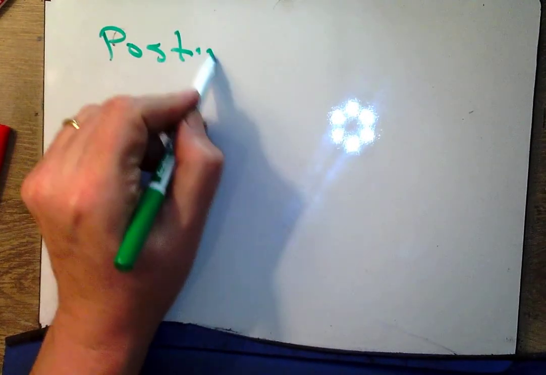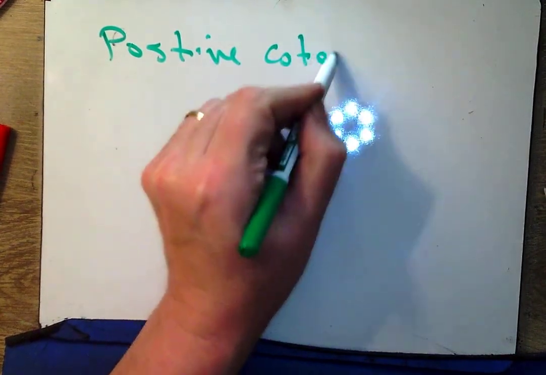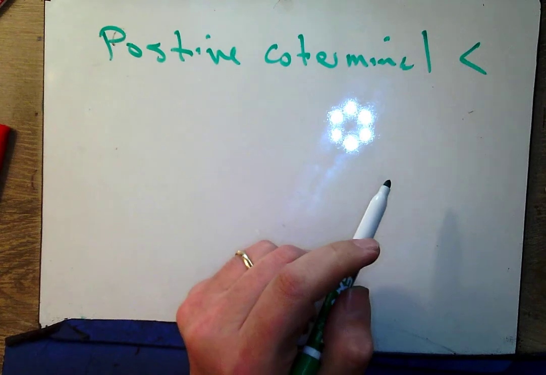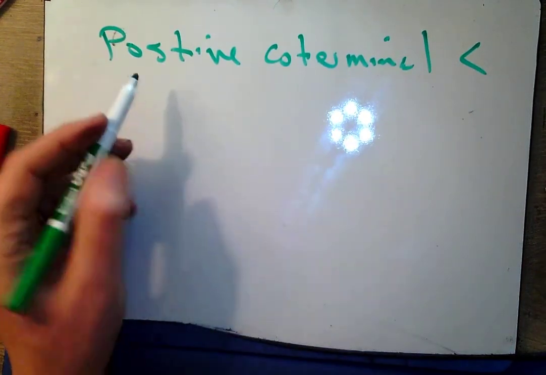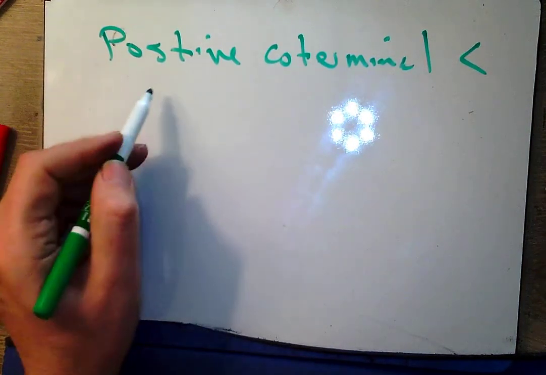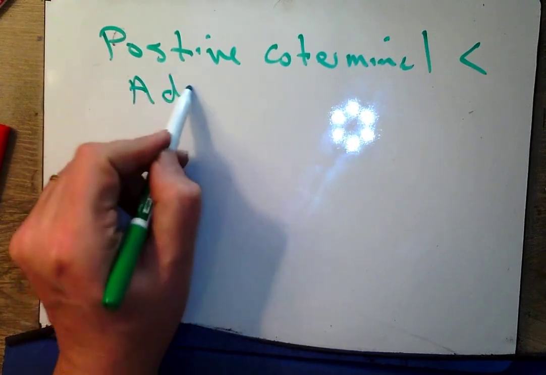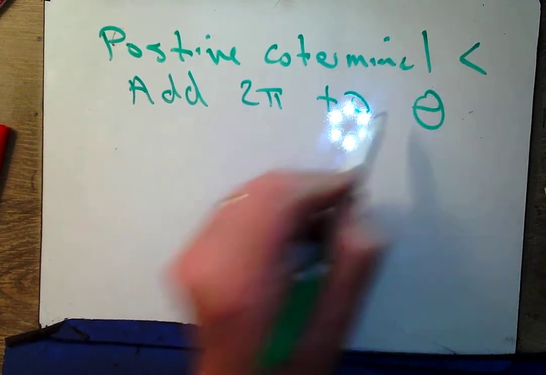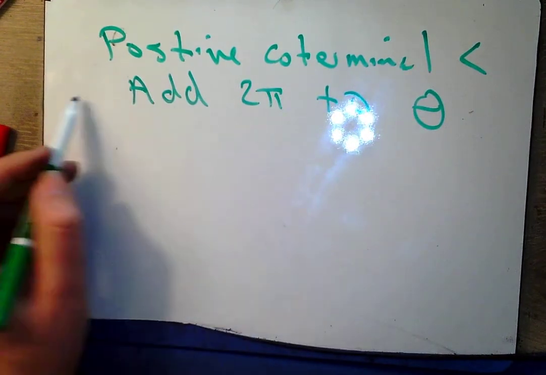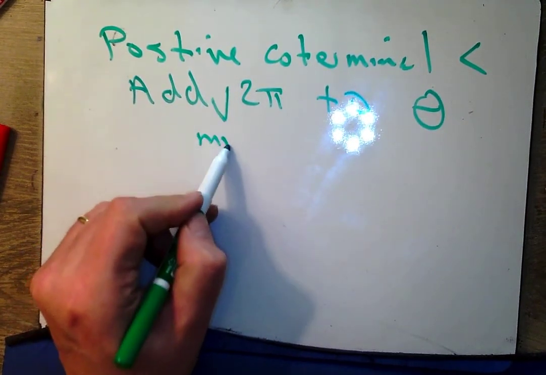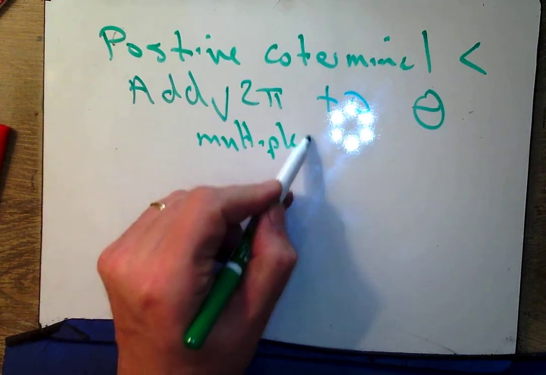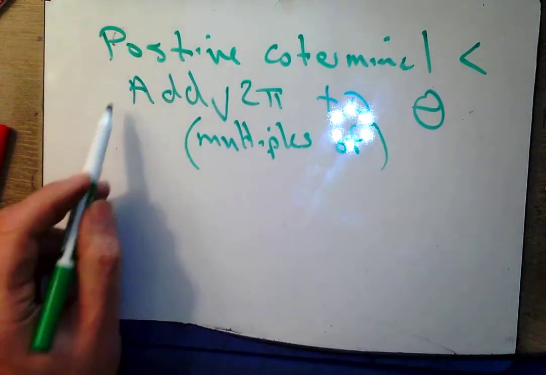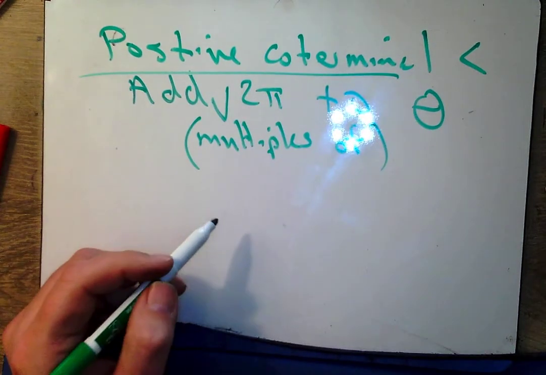When we wanted a positive coterminal angle, what did we do? We added an amount of rotation. We added once around. So add 2 pi to theta, and you could even say add multiples of 2 pi to theta to get positive coterminal angles.